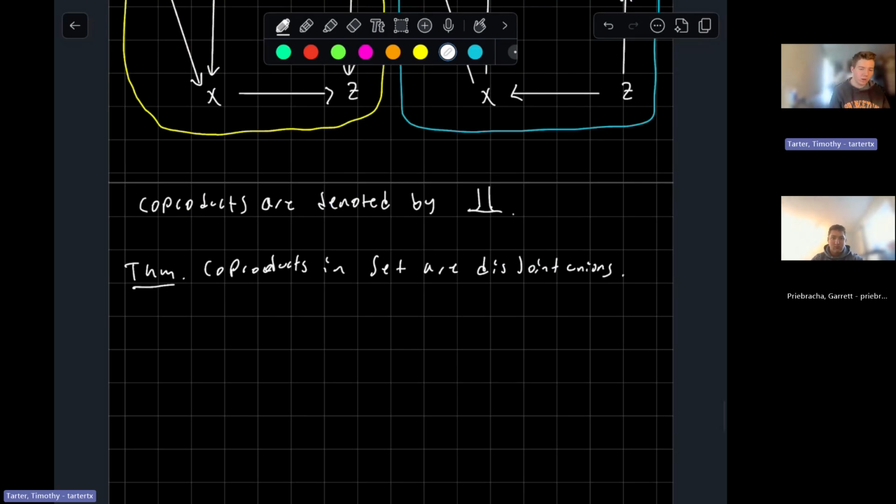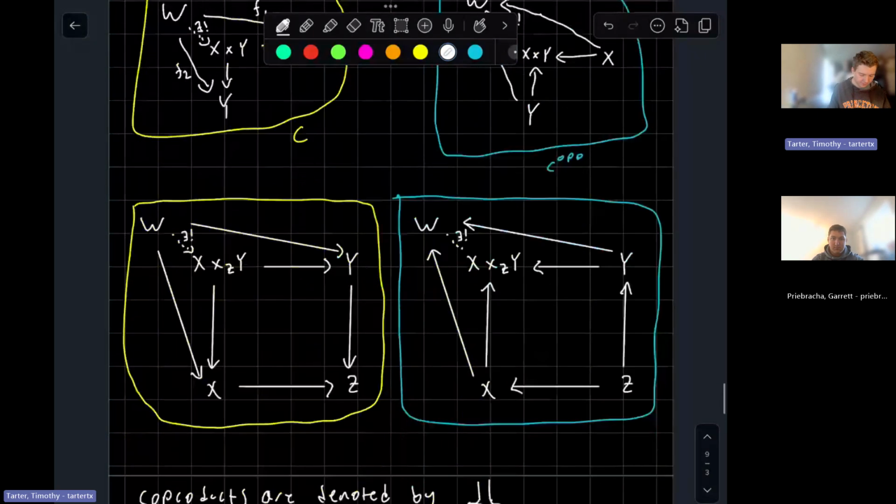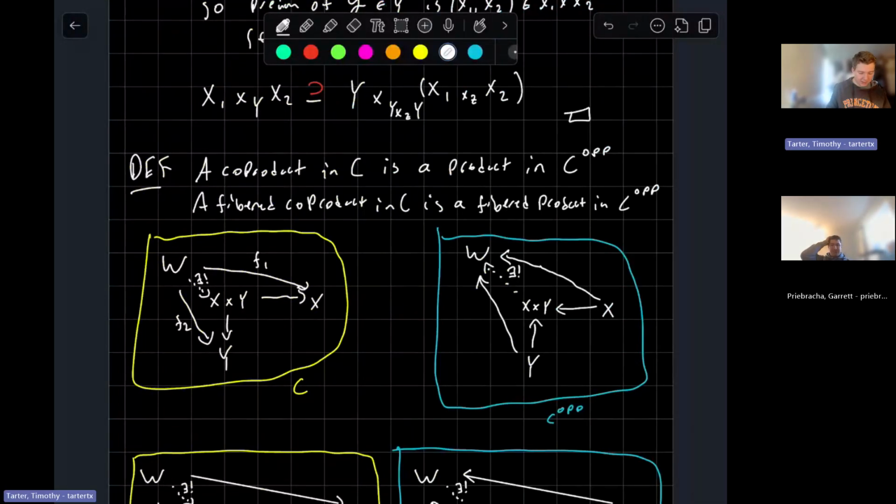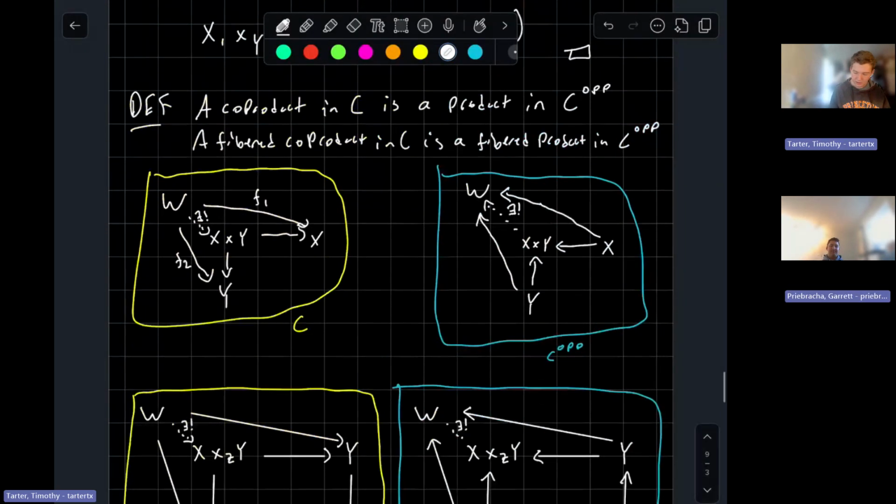So what we're doing is taking stuff from X and Y, which are two different sets, factoring them through their product, and then looking at what is unique through them. And so that has to be disjoint sets.